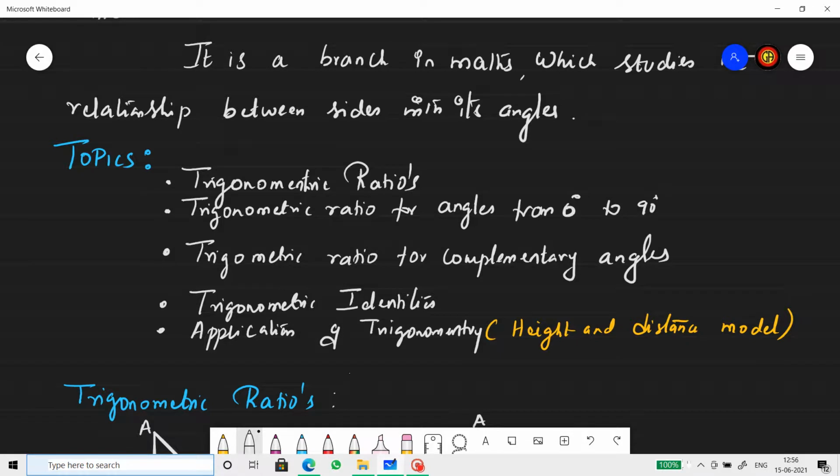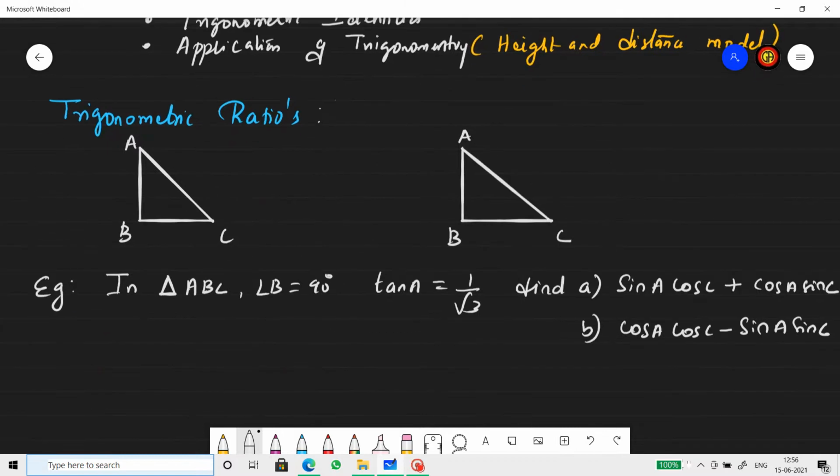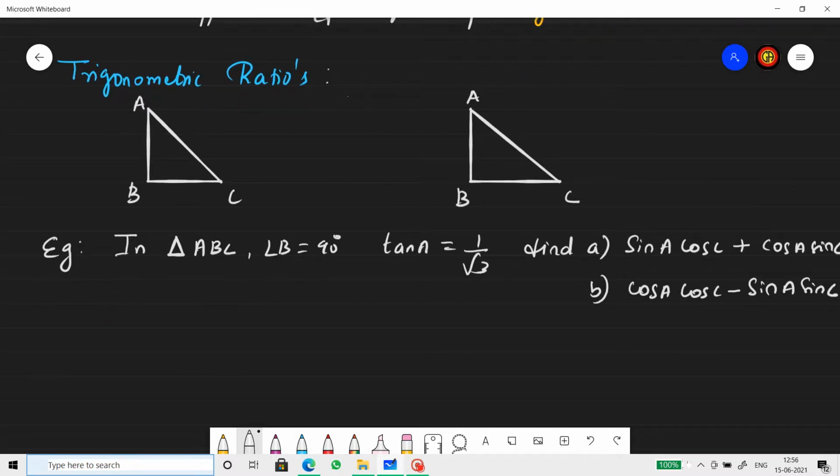Now trigonometric ratios. As I said in the beginning, we only study about right angle triangle. So I've constructed a right angle triangle where I choose to have B as 90 degree. Now let's assume angle C is equal to theta. So theta is here.